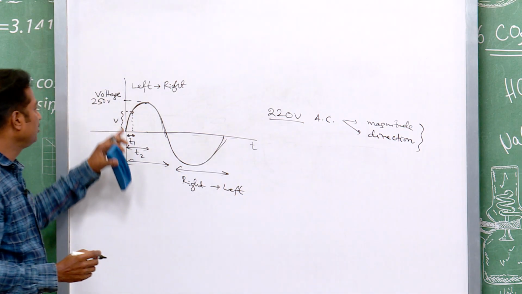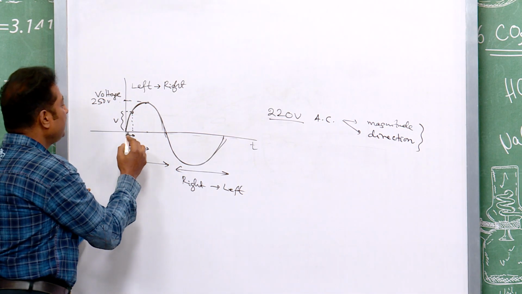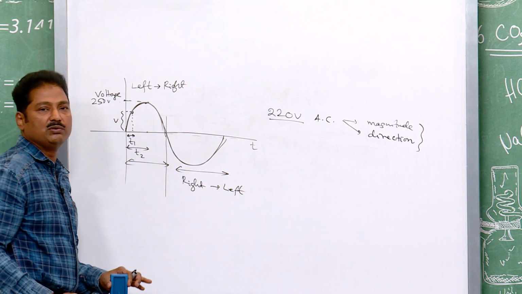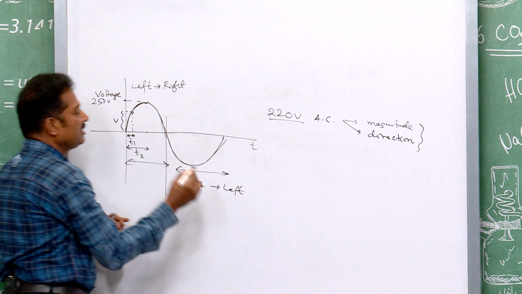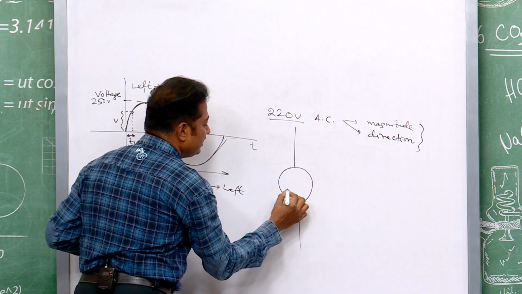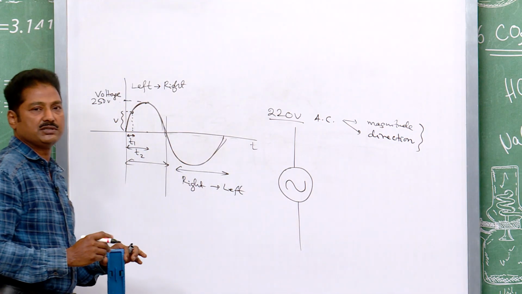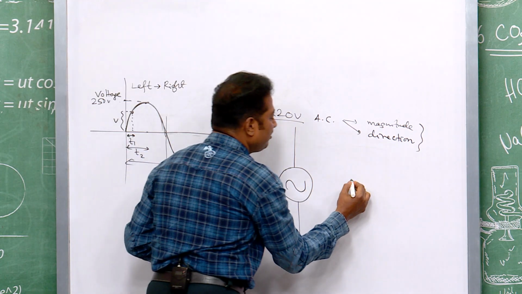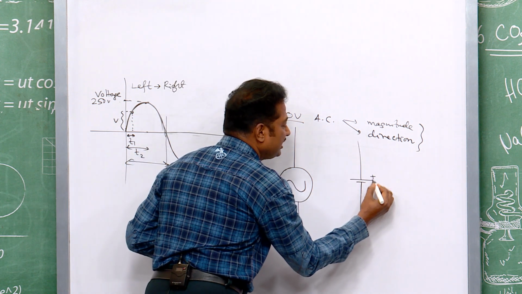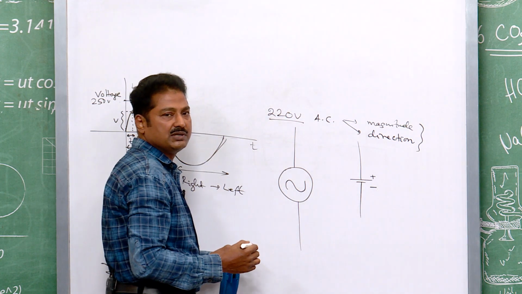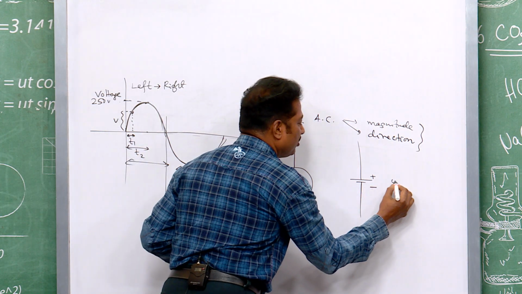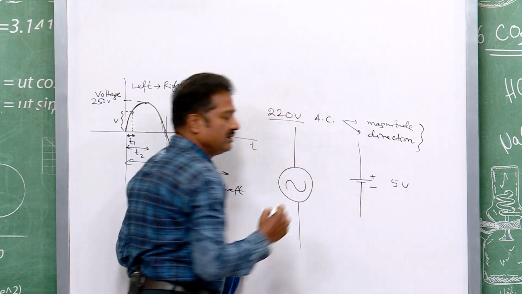So, the current due to this voltage will be from left to right for this period, and right to left for this period. The AC voltage is represented by this notation, but direct voltage is represented by this notation. This means it is always higher potential, it is always lower potential. You can assign a plus sign or minus sign there. Suppose it is 5 volt, it is always plus, it is minus.